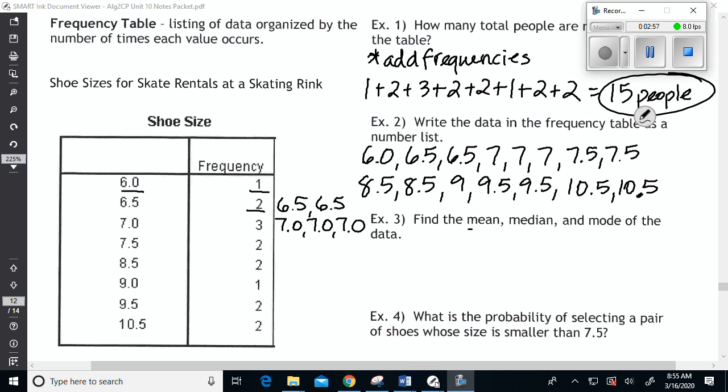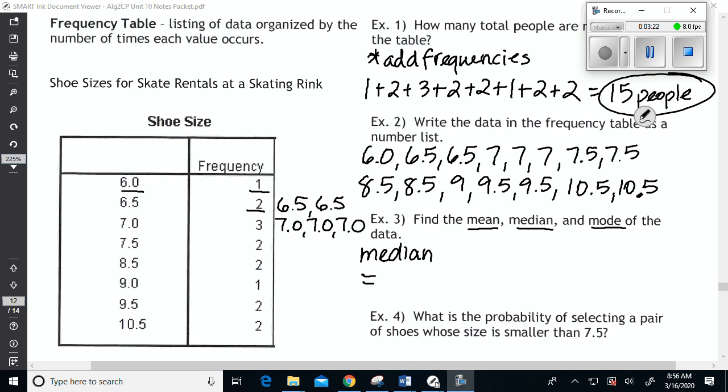Example 3, find the mean, median, and mode for that data set. It helps that you wrote everything out in that list because it helps you get the median pretty quickly. Remember, median is that middle number. So you're crossing off one side to the other side, back and forth.